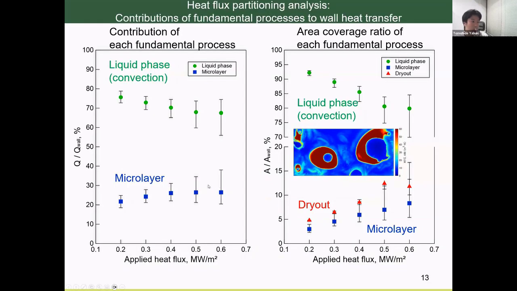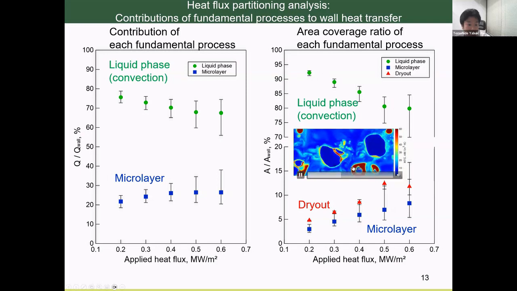And this shows, through the image analysis of heat flux distribution, we calculated the contribution of microlayer evaporation and convection heat transfer to overall wall heat transfer. And this is the area coverage ratio of the microlayer evaporation region and the convection region.